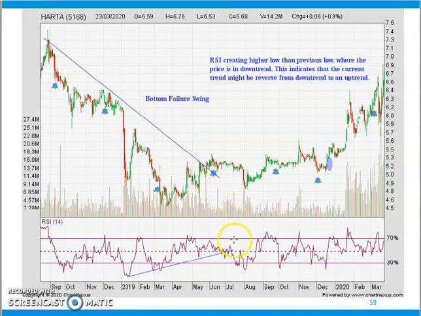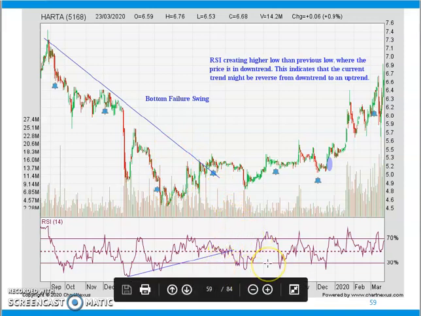So you can follow and monitor the stock and wait for confirmation of a bullish signal.